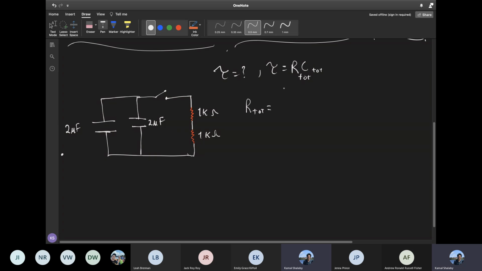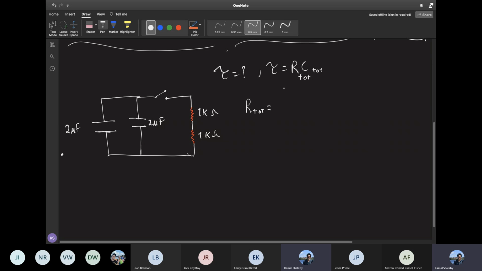What is the total resistance equal to? Does the capacitor have any resistance? There's no battery in this circuit, so you can safely assume that the capacitor itself would be the battery in some sense.